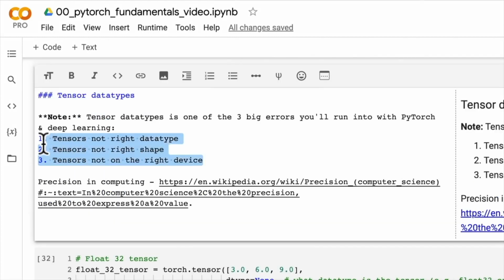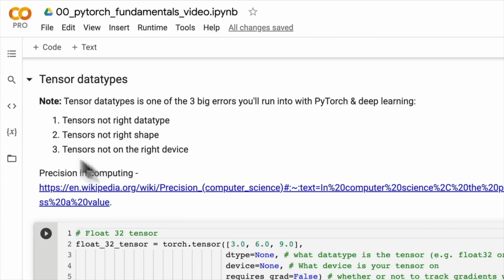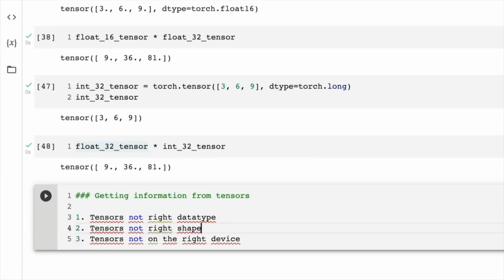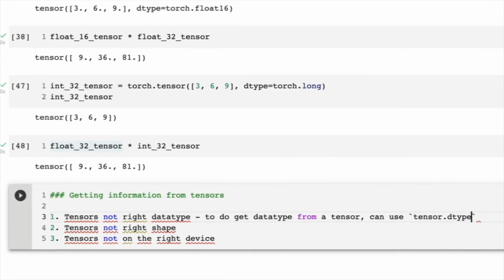Copy this down below. So if we want to get some information from tensors, how do we check the shape? How do we check the data type? How do we check the device? So let's write that down. To get data type from a tensor, can use tensor.dtype.